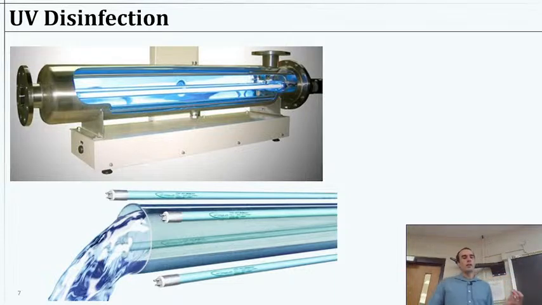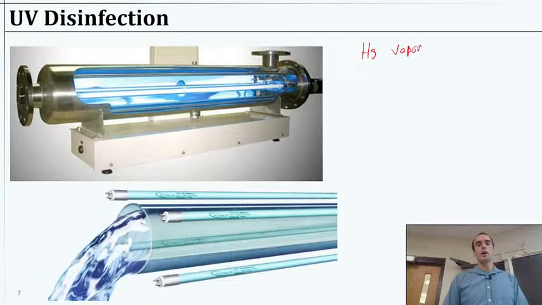They essentially excite mercury, and the lamps we have here have mercury vapor in them, which is why if you're disposing of fluorescent lamps of any sort, you generally should not just throw them away or break them. It'd be much better to dispose of them in a facility that's going to actually capture that mercury, because mercury is toxic.